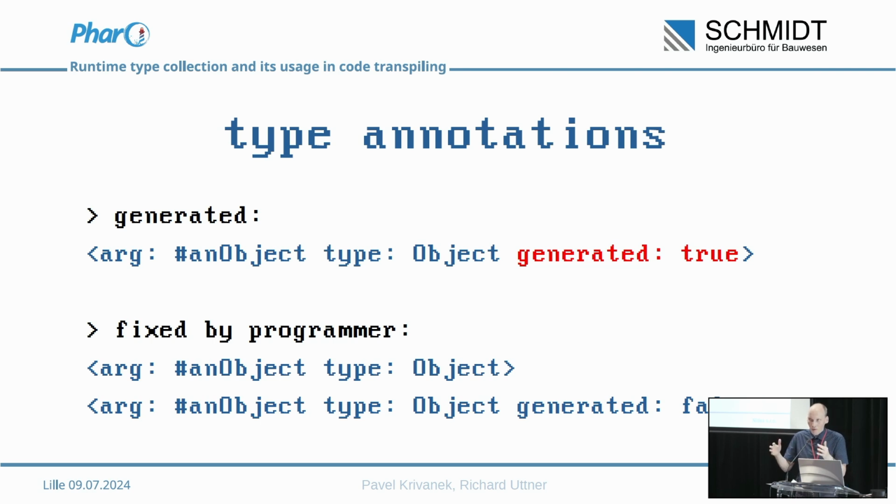If you as a programmer want to change the type or assign a different one, or see that this type information is correct and you do not want it to be changed in the future, you can just remove this part or set the generated to false, and then when you do the next type collecting, it will be automatically skipped.